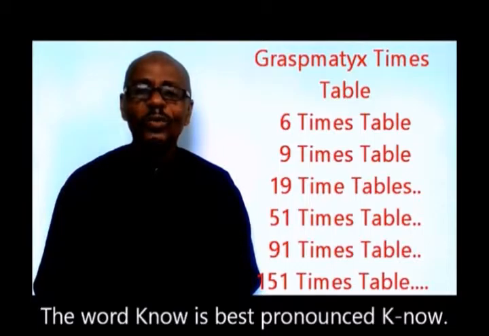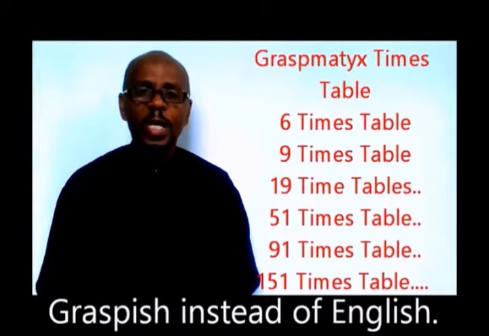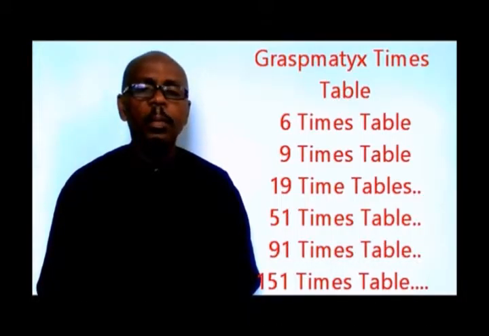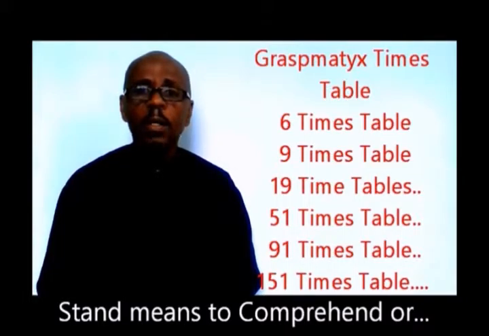Then you learn it also in a language called Graspish. Graspish means making sense of the English nonsense, or helping you to stand, not to understand, and not even to overstand, but just to stand words and equations based on a simple terminology.